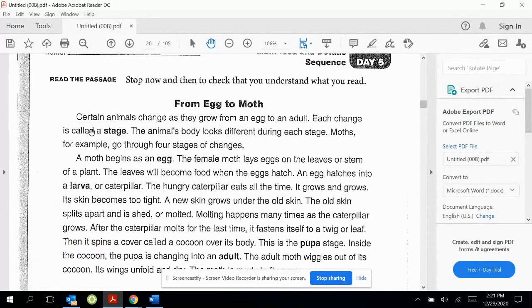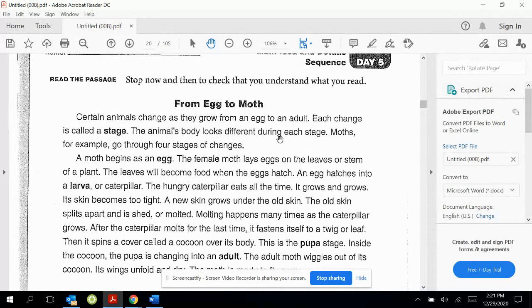It says, from egg to moth. Certain animals change as they grow from an egg to an adult. Each change is called a stage. The animal's body looks different during each stage. Moths, for example, go through 4 stages of change.